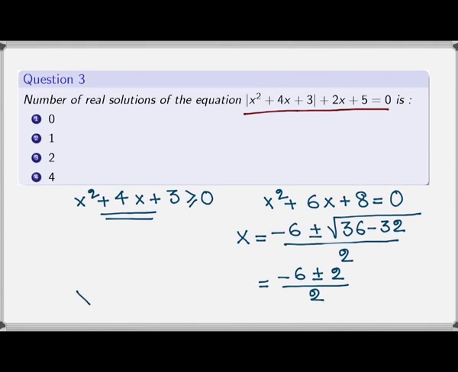So we have x = −2 or −4. Now we shall check which of these two values of x satisfy the condition x² + 4x + 3 ≥ 0. We rewrite the condition here again: x² + 4x + 3 ≥ 0.